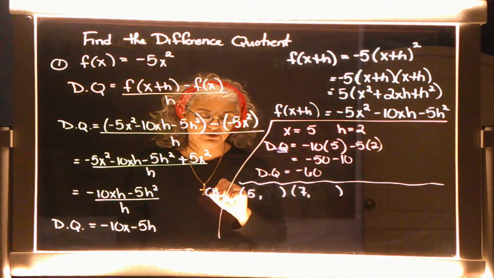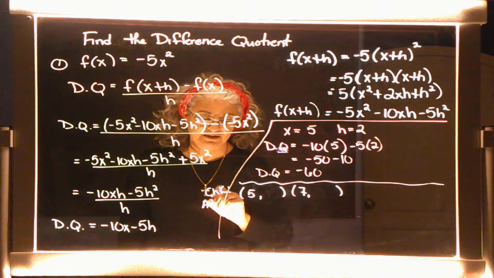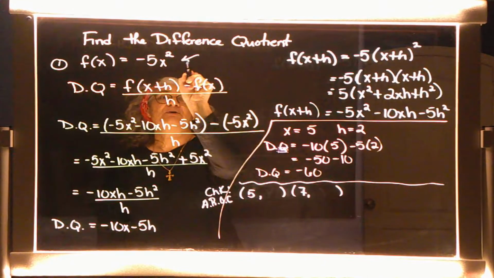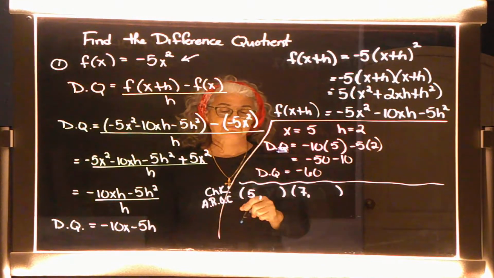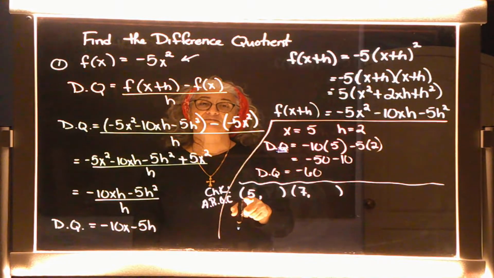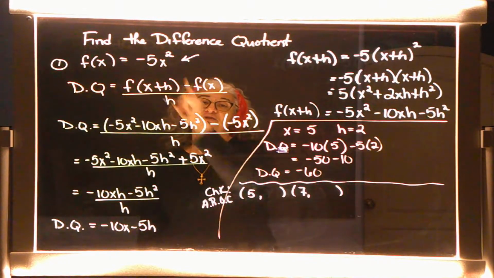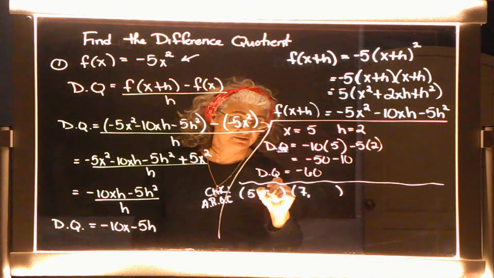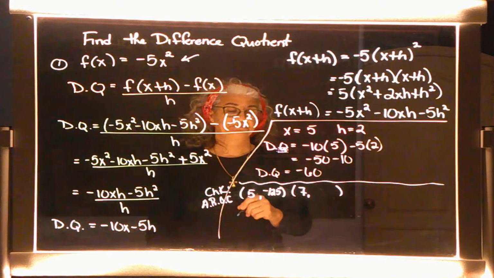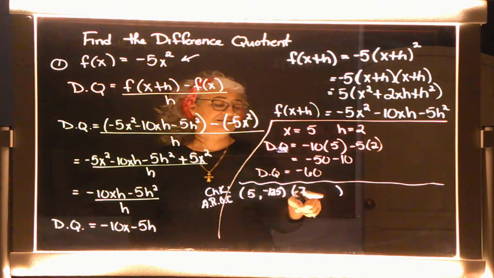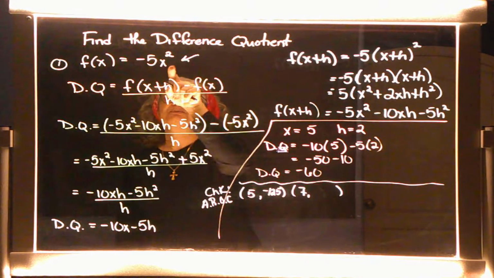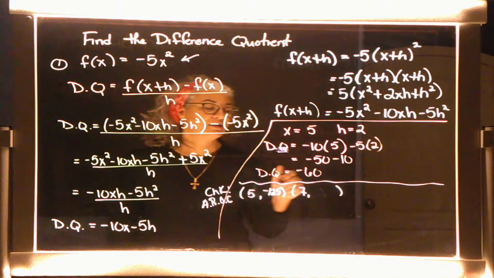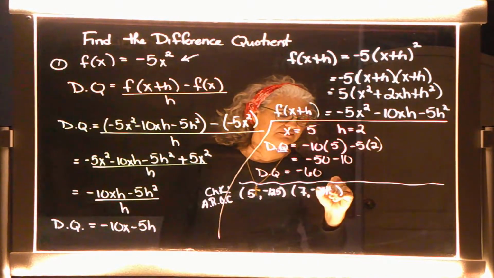Okay, I'm going to show you a quick check using the average rate of change. So, still using this function, if x is 5, and you plug it into this function, what would its y value be? Good, negative 125. Gotcha. If you take 7, and I need to find its y value, and you plug it into this function, what do you get? Did you say negative 245?